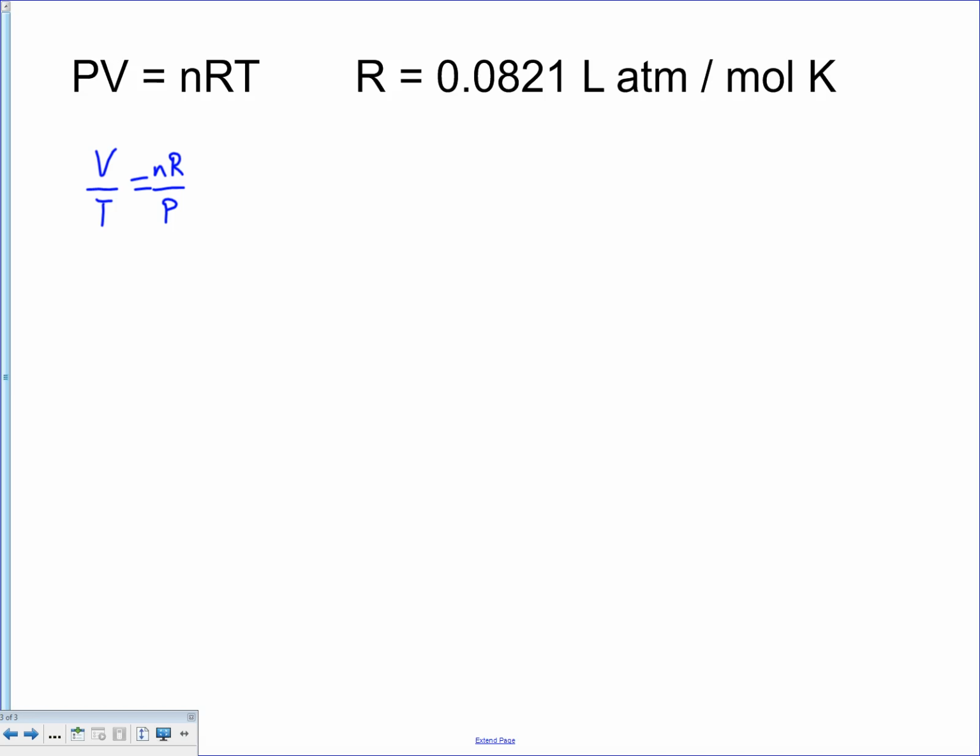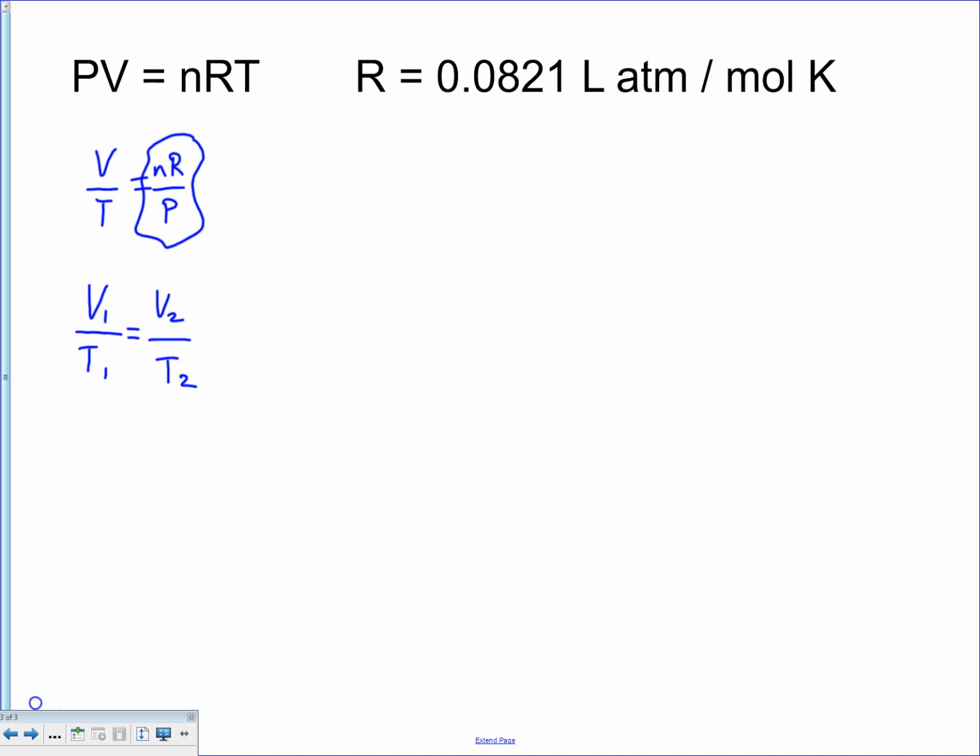But this is what we get, okay? And the idea here is everything on this side of the equation is a constant. And so that means when we take volume and divide it by temperature, we get some constant. And that allows us to create this proportionality equation, V1 over T1 equals V2 over T2.